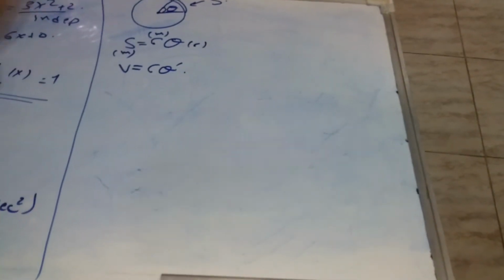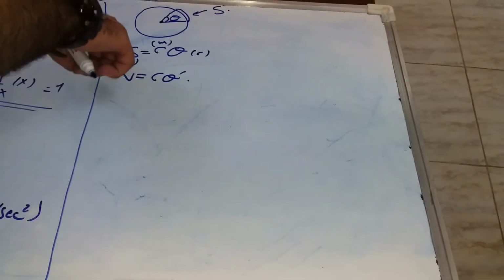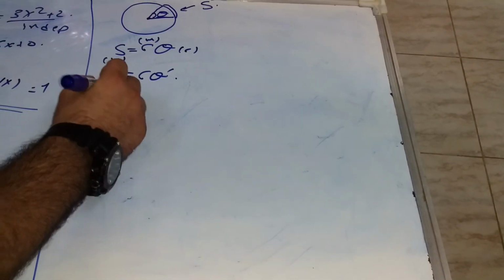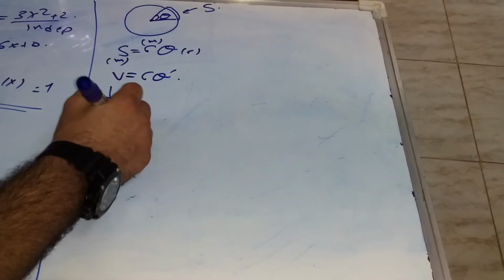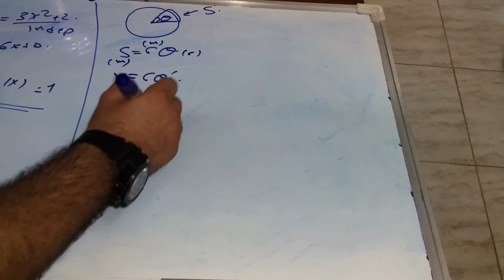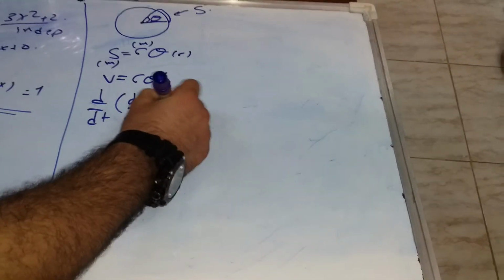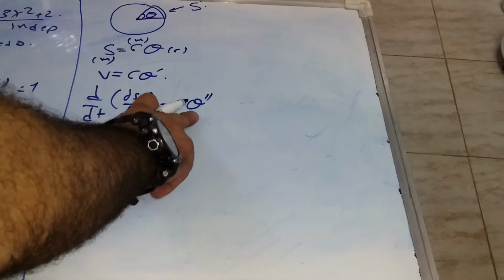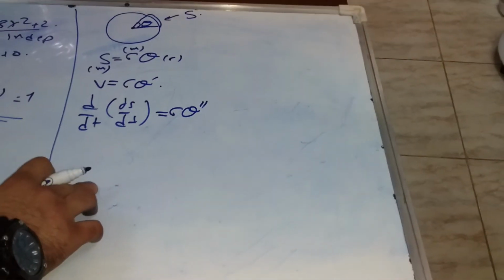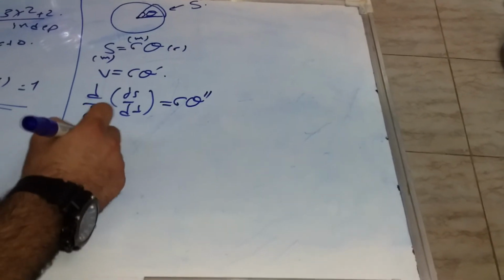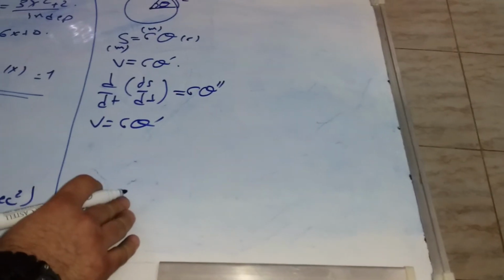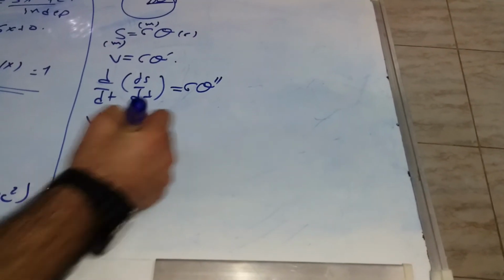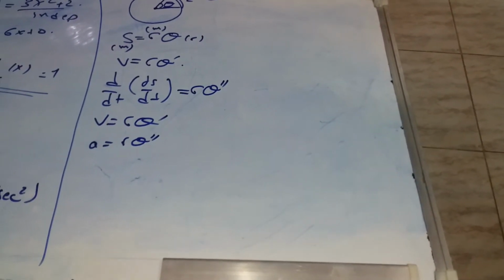Also, if we take the second derivative of s, it will be equal to r theta double prime, and this is the angular acceleration. So then v equals r theta prime and a equals r theta double prime.